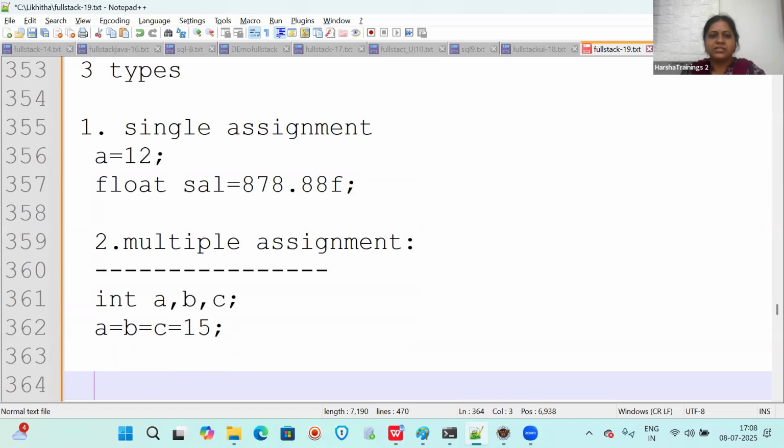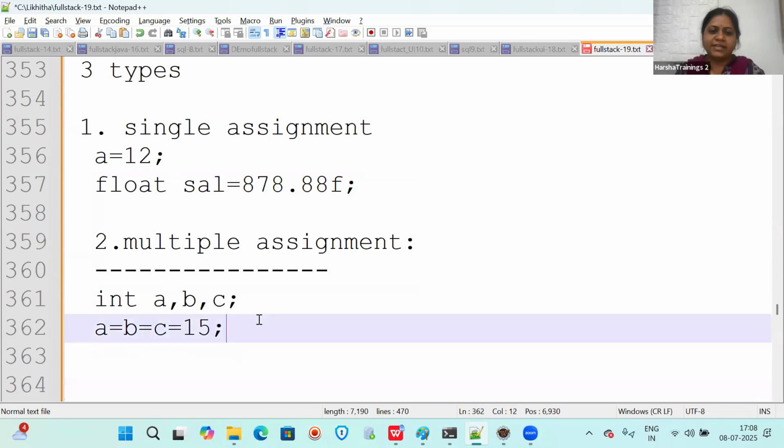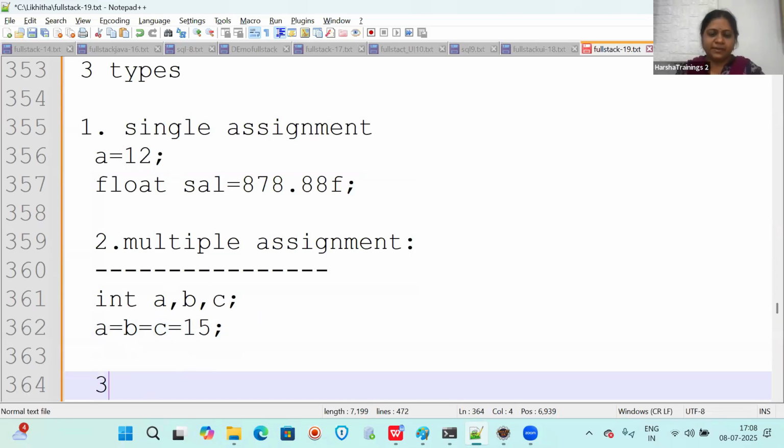Got it? Here, multiple variables are stored with a single value. Such an assignment is called multiple assignment.